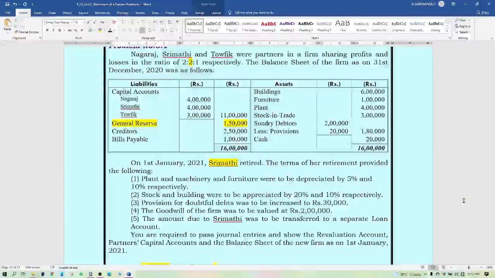Dear students, now we have posted or passed journal entries relating to revaluation. Now we have to close the revaluation account, and if there is any profit or loss on the revaluation, that needs to be posted in the capital accounts of the partners in the old profit sharing ratio.